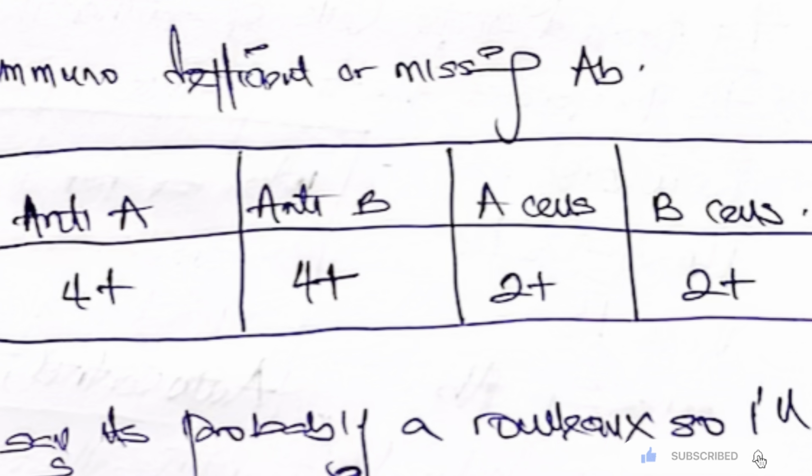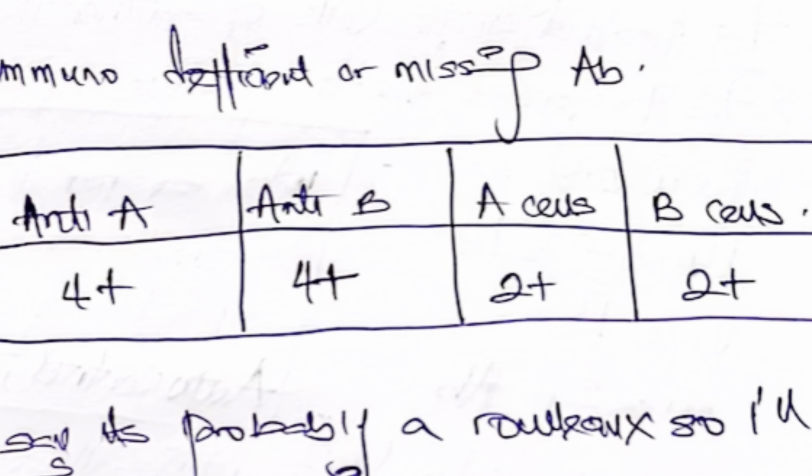If this person is an AB individual, the A and B cells showing a 2+ reaction are not supposed to be there, because if you are an AB individual, meaning that you have antigen A and antigen B, your antibody is not supposed to be there. The antibody against A and B is not supposed to be there. But there is a reaction in those two cells.